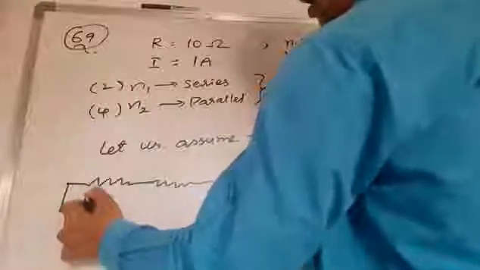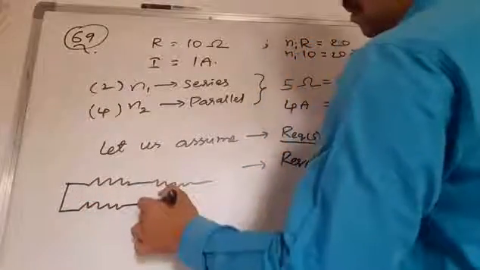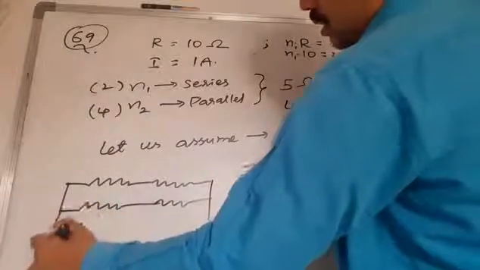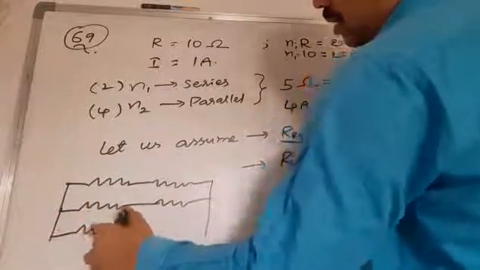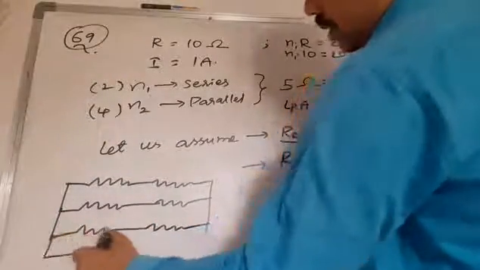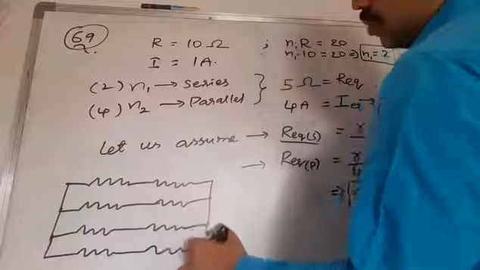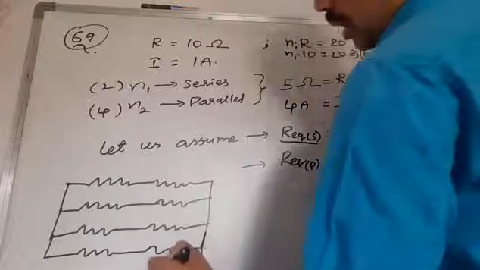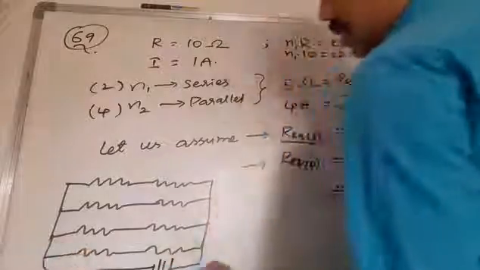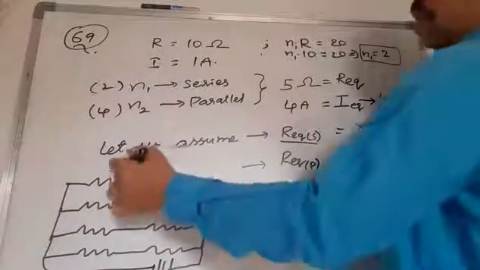This is 1, this is 2. Next, this is 1, this is 2. So overall we got it like this. Like this we are going to connect all the resistors.